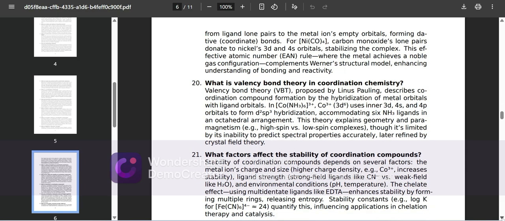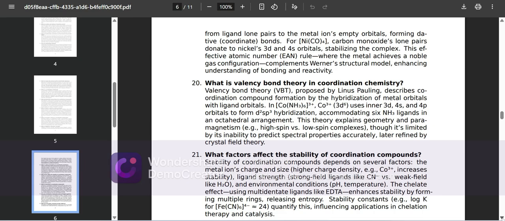What is valence bond theory in coordination chemistry? Valence bond theory, VBT, proposed by Linus Pauling, describes coordination compound formation by the hybridization of metal orbitals with ligand orbitals. In Co(NH3)6 3+, Co3+ 3d6 uses inner 3d, 4s, and 4p orbitals to form d2sp3 hybridization, accommodating six NH3 ligands in an octahedral arrangement.